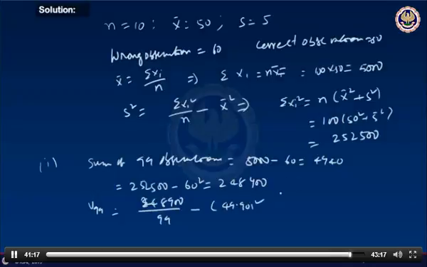After simplification, this is equal to 24.13. So the SD of 99 observations is the square root of 24.13, which is 4.91.